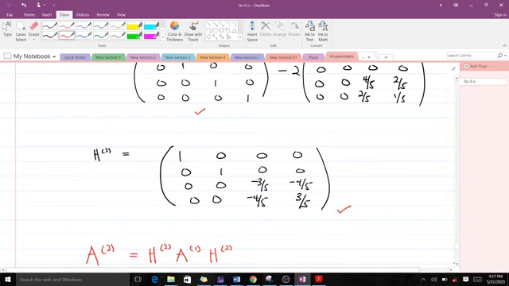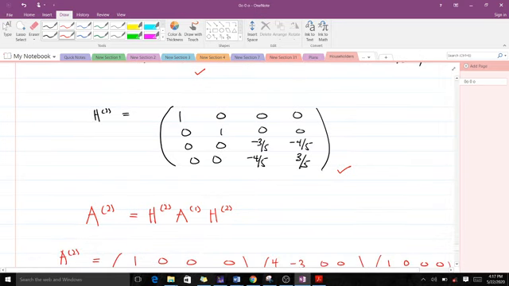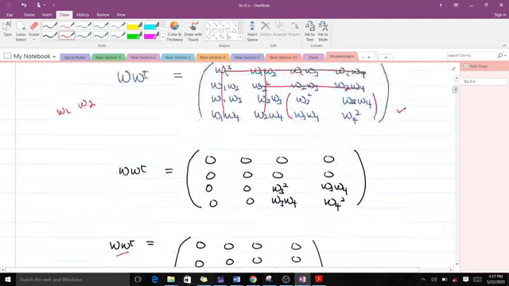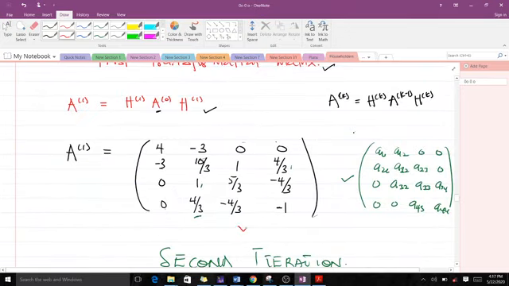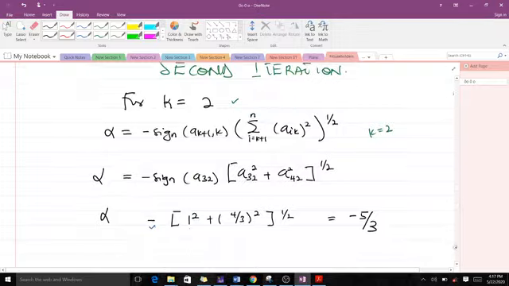So to find your second transformation matrix, which happens to be the last, because you are doing just two iterations, your A of 2 will be equal to H of 2, A of 1, then H of 2. And this is your H of 2. And your A of 1 is what we computed after the first iteration. So let me show you that. So this one, right?